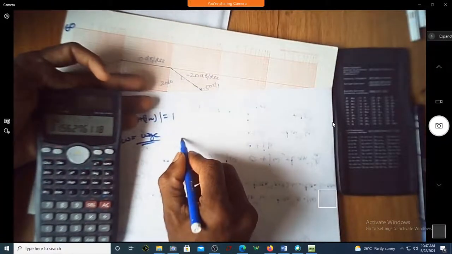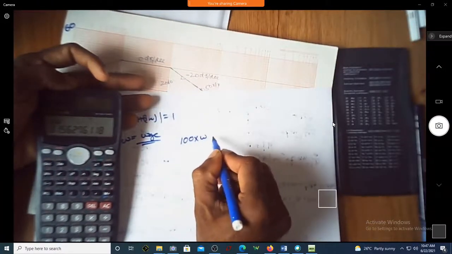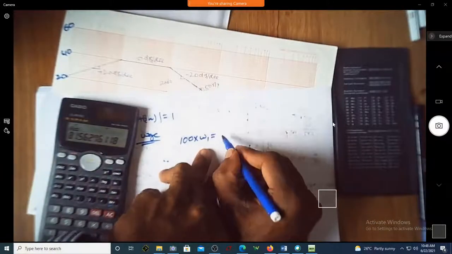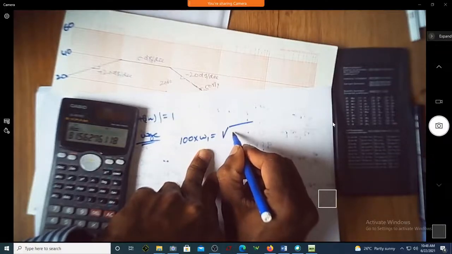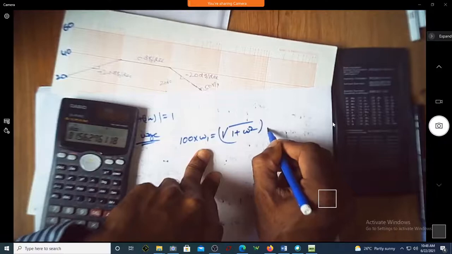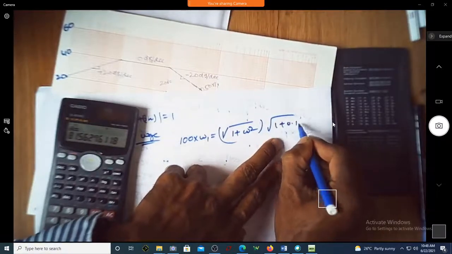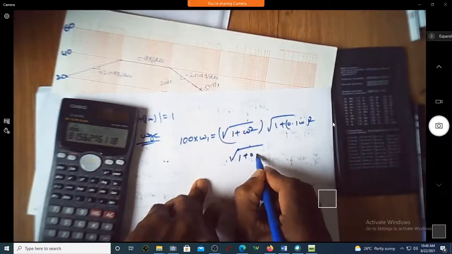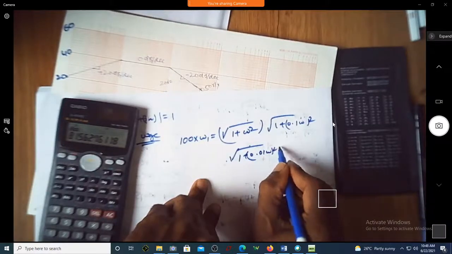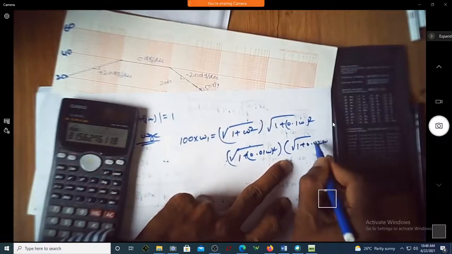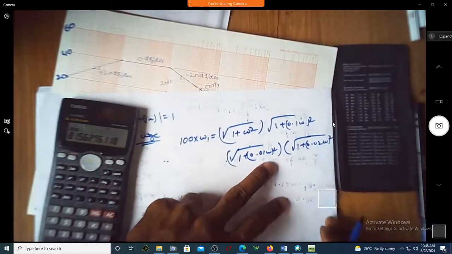Is it not then 100 into omega equal to the square root of 1 plus omega squared, into the square root of 1 plus 0.1 omega whole squared, into the square root of 1 plus 0.01 omega whole squared, into the square root of 1 plus 0.02 omega whole squared. Am I correct?